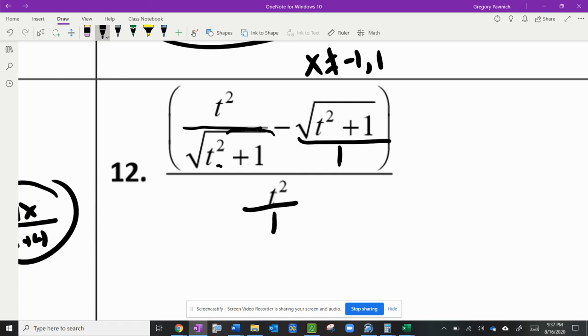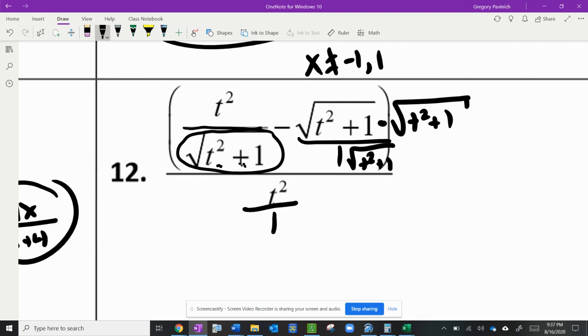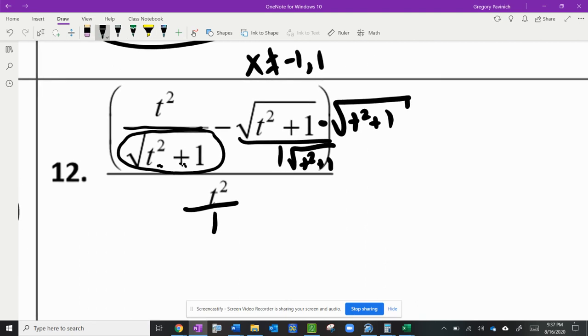And if you notice, because this one's 1, I can multiply anything by 1. This denominator is the same as the numerator, and this is a square root. So when I multiply this by the square root of t squared plus 1, and I multiply this top by the square root of t squared plus 1, I get that property of a square root times the exact same square root. It's just a common piece underneath the radical because it pairs up.